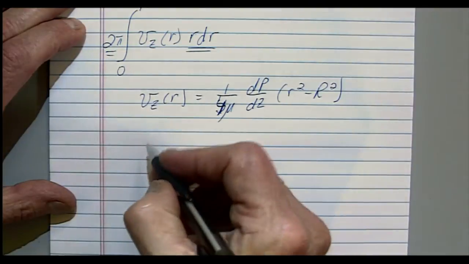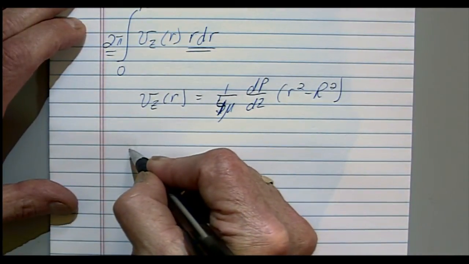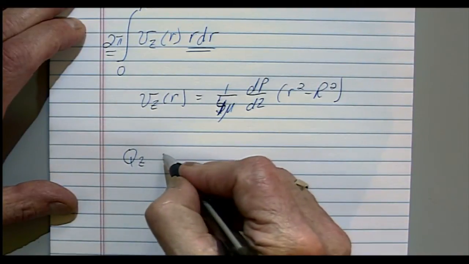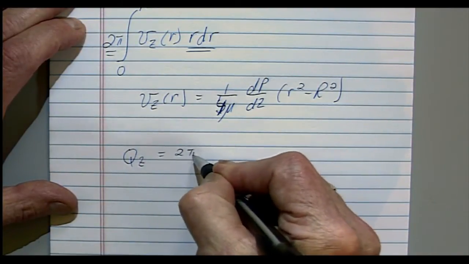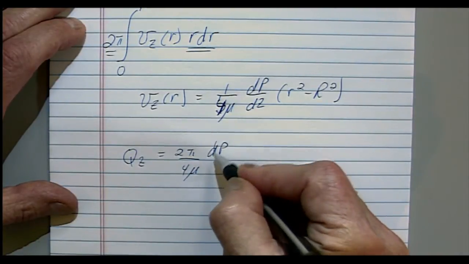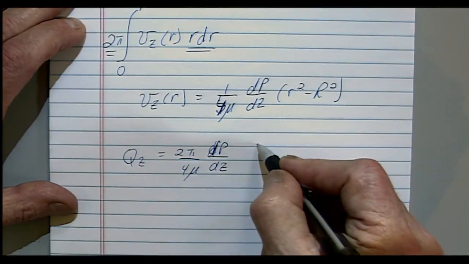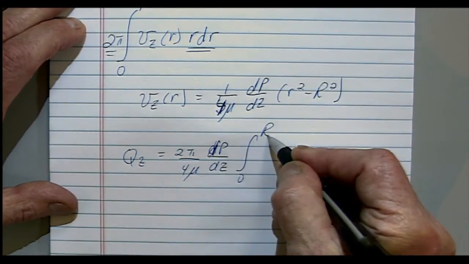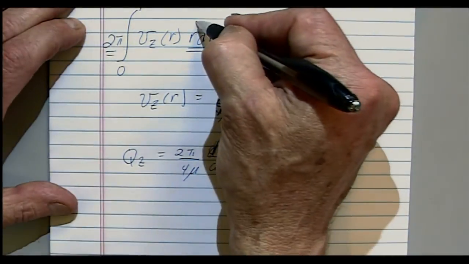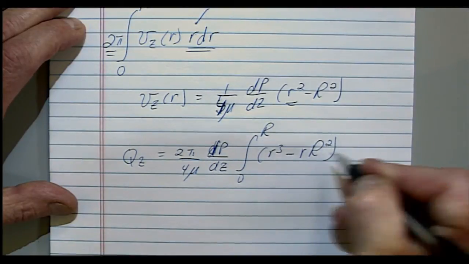Plug that in, we do the integral for Q, and we end up with Q of z equal to 2 pi over 4 times viscosity times the pressure gradient, times the integral from 0 to R of little r cubed. All right, we have r squared here and another r up there, minus little r times big R squared, dr.